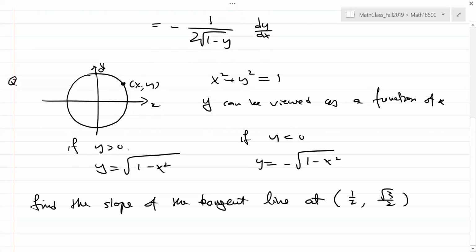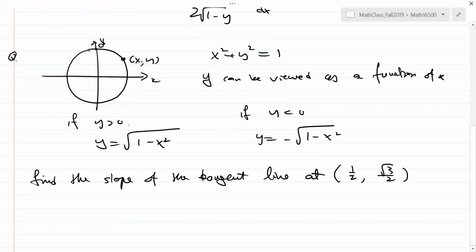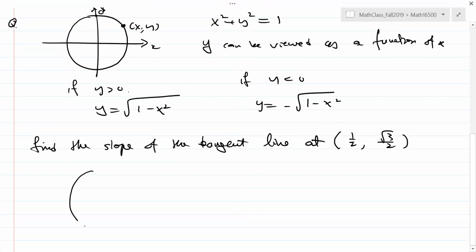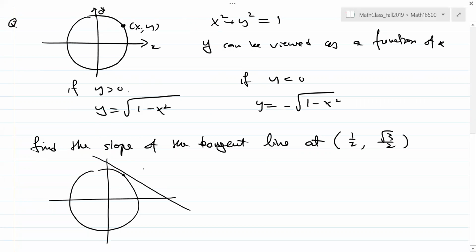Okay. Yeah, this is indeed a point on the circle. Okay. But look at the picture, the slope should be negative, right? So this is point 1/2, square root of 2.